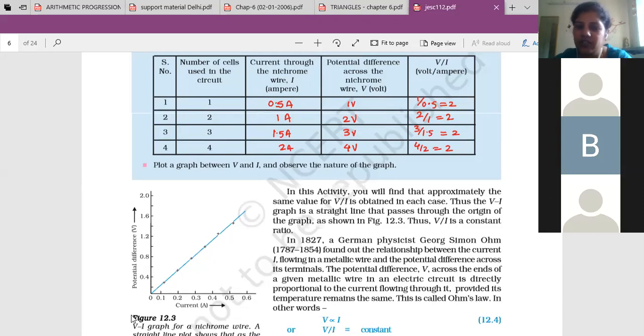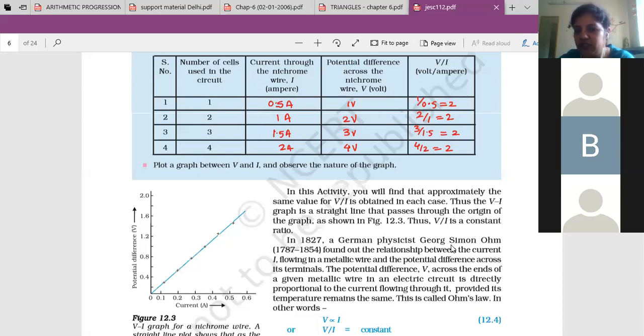So here you can see it is written in this activity. You will find that approximately the same value for V by I is obtained in each case. Thus, the V by I graph is a straight line that passes through the origin of the graph as shown in the figure. V by I is a constant ratio.